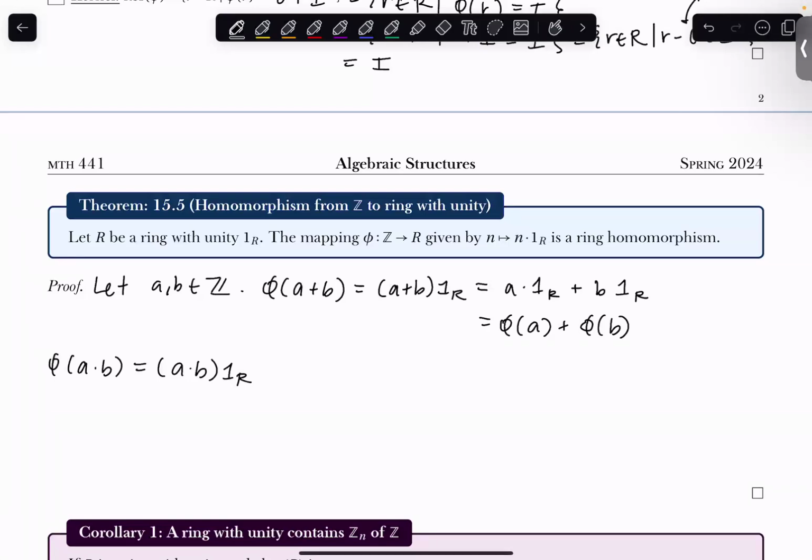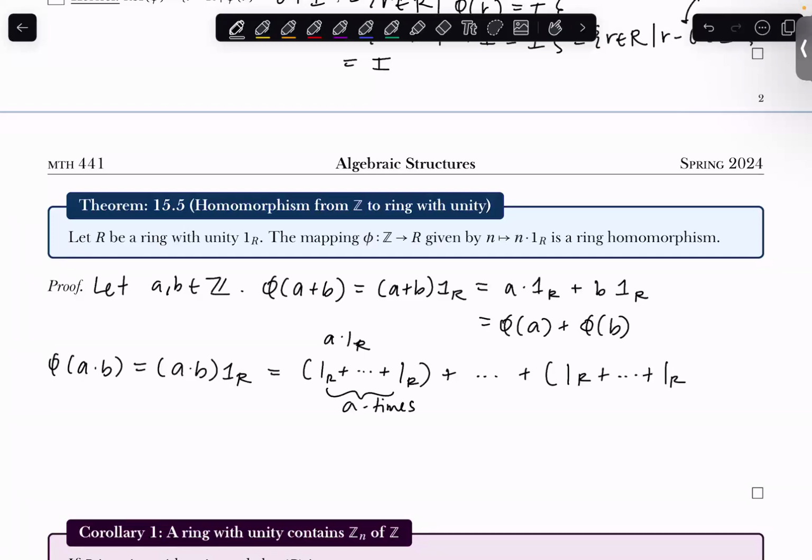Okay, so here I can add 1 to itself a times, and I want to do that b times, right? I'm taking this group of a, and I want to add it to itself b times. So this should be a times, this should be a times.